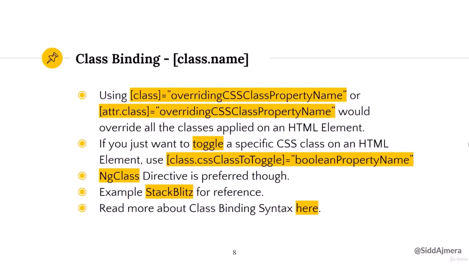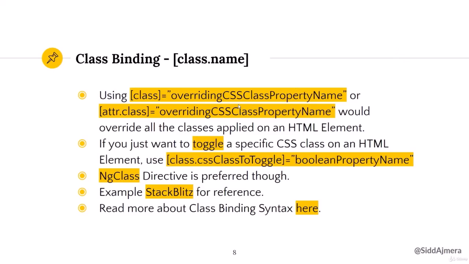In the last few videos, we saw how we can use the attribute binding syntax and the property binding syntax in order to set some attributes and properties on HTML elements respectively. But there are cases wherein we might want to conditionally set a CSS class onto an HTML element. Now we might try using the property binding syntax and the attribute binding syntax just like we have here in order to set these CSS classes.